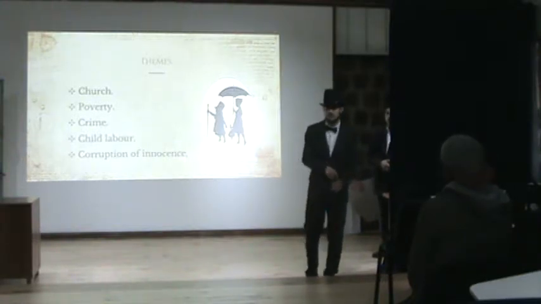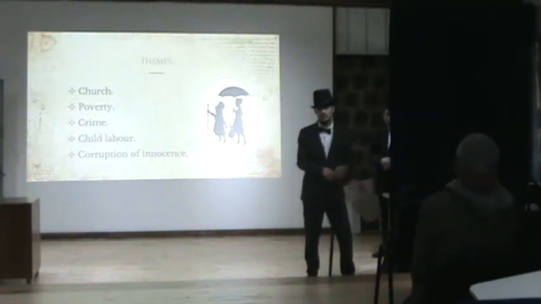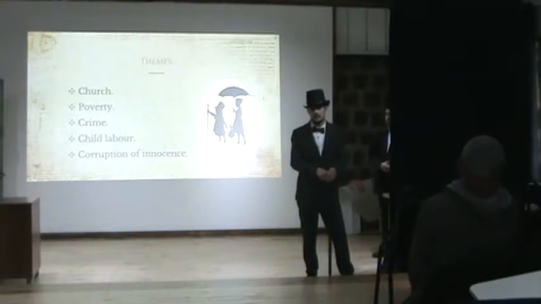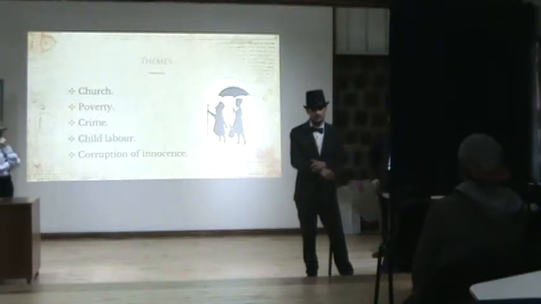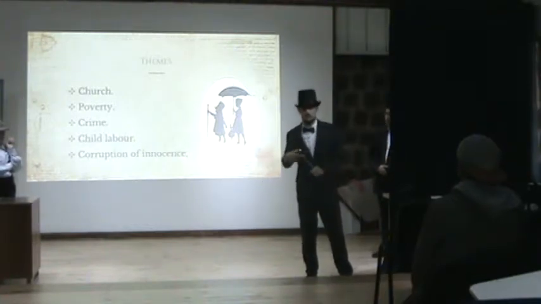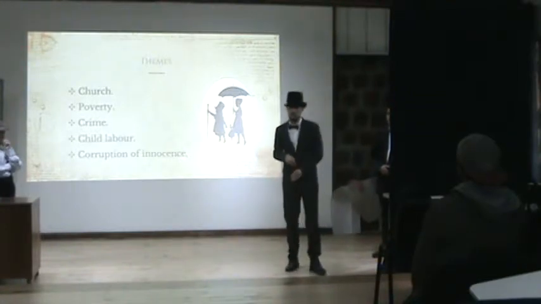So everyone tries to corrupt Oliver to become a pickpocket. But Oliver is so innocent that he's pure feeling. No reason, no evil. He just feels and he's just beaten around by everyone. But he's not corrupted in the end.